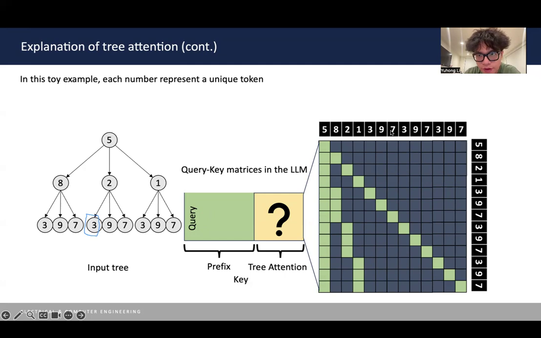See 3, 9, 7. This is the 3 mentioned here. It only associates with 2, right? With 2 and with 5. And also associated with all these previous tokens, which is a prefix. So yeah, that's what we do.